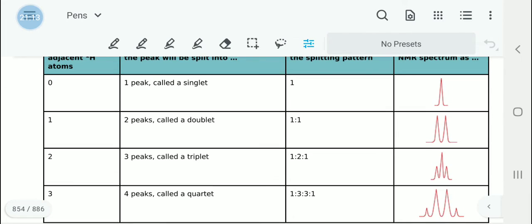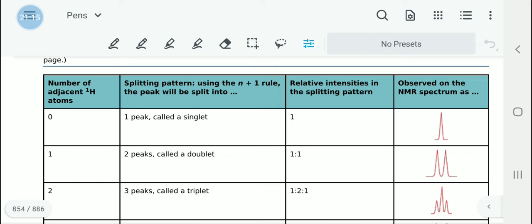If the number of adjacent H atoms is 0, then the relative intensity of the splitting pattern would be 1, that would have only one peak. If it is a doublet, then it will have two peaks.